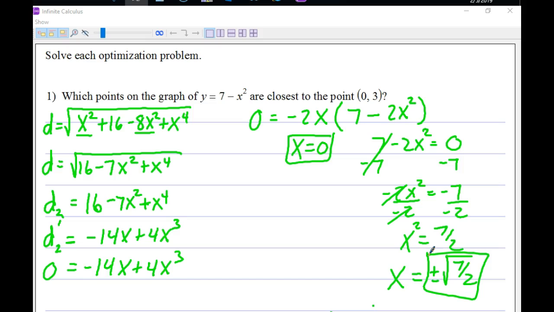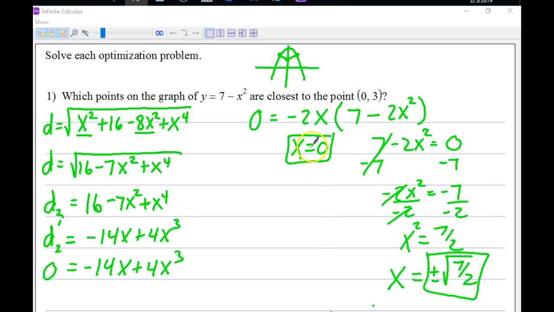Now maybe it's possible you can get more than one answer, but remember, we're looking for the point that's closest. If you go back to our picture, it makes sense that we might end up with 2 answers. You could have an answer over here and here that would both be closest to that point. So that really makes me think this is probably correct.